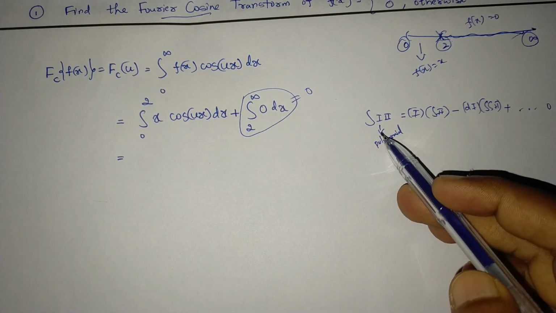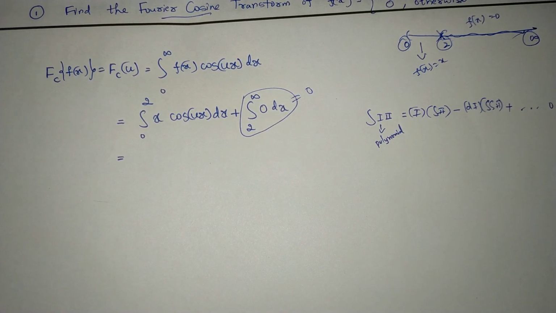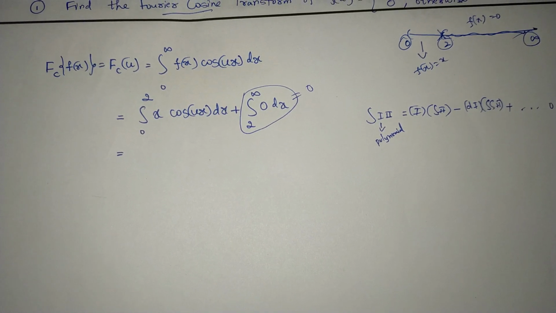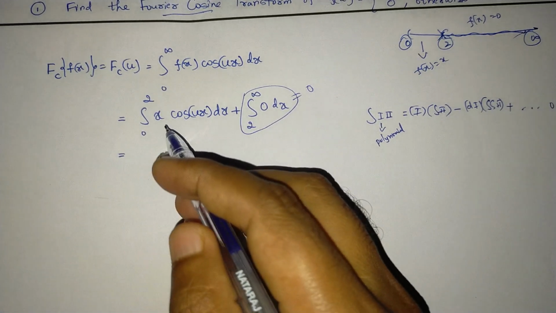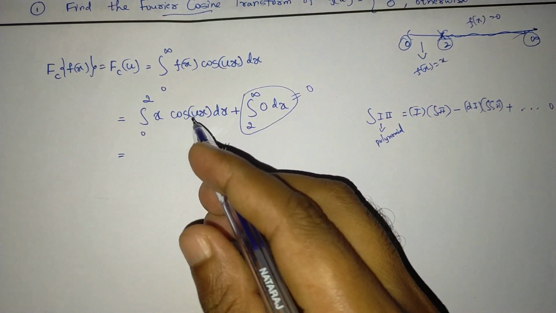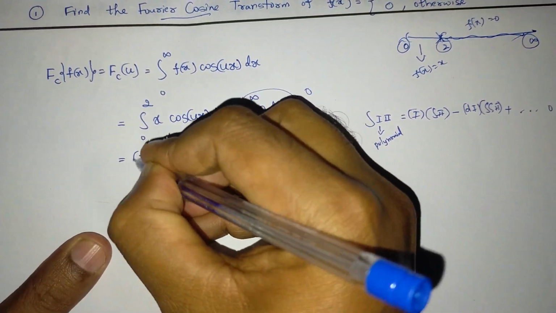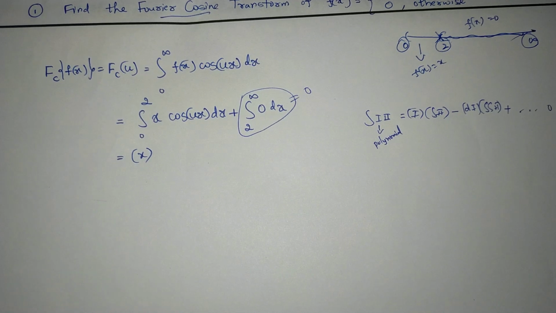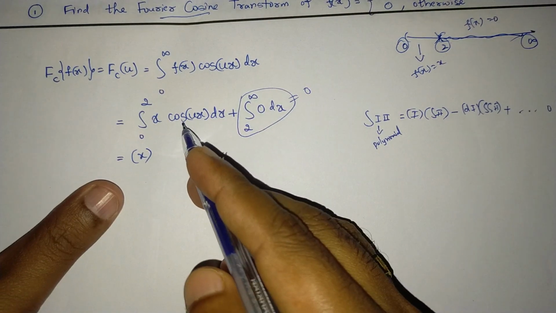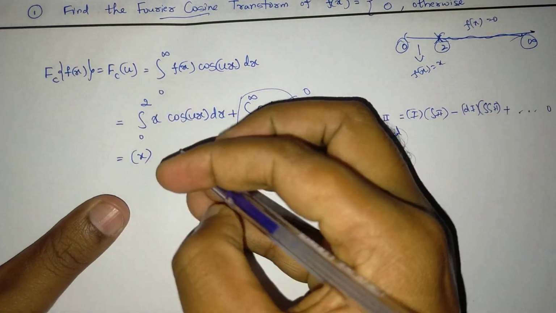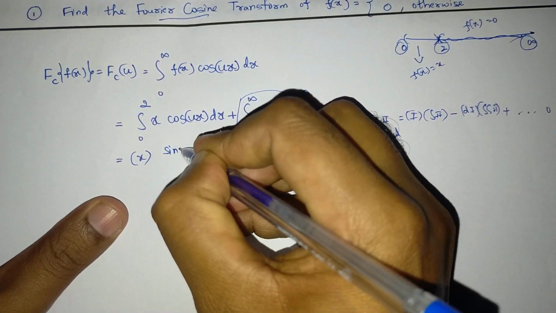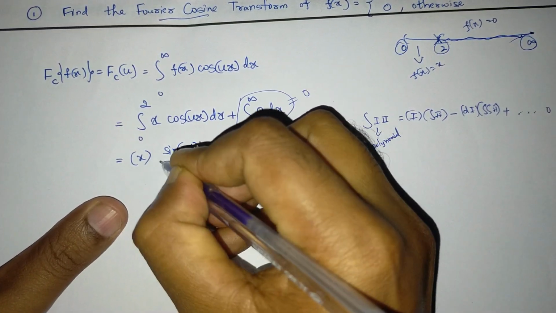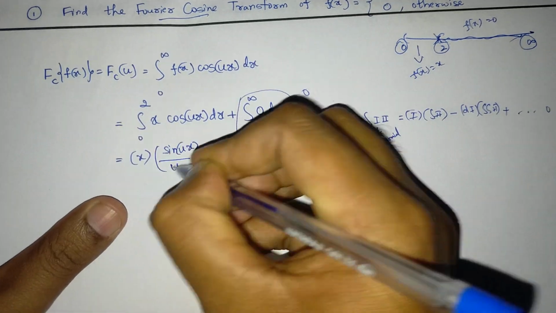Since we have a polynomial as the first function, definitely after finitely many differentiations it reduces to 0. So here the first function is x and the second function is cos ux. I write the first function times the integration of cos ux. What is the integration of cos ux? It is sine ux divided by the coefficient of x, that is u.